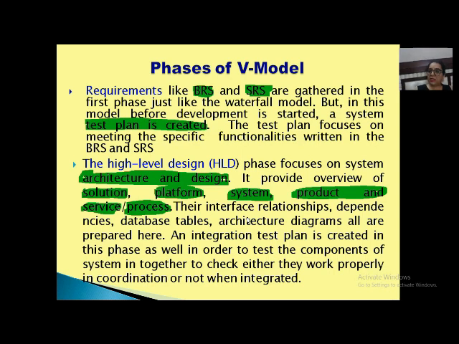Suppose in a particular system we have 4 different modules for providing different functionalities of the system. How these modules will interact with each other is defined through their interfaces. That is why it is called interface relationships. And dependencies, that is what dependencies the 2 modules have on each other.